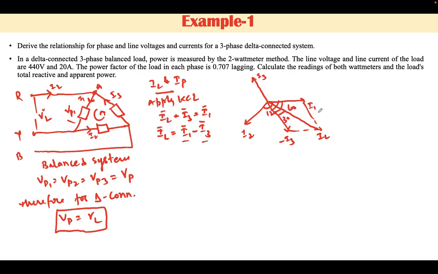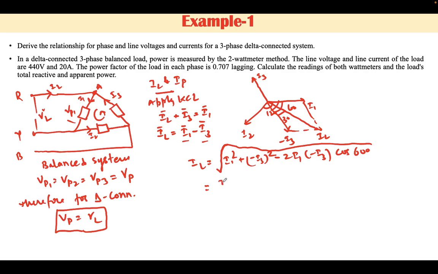Now applying parallelogram law of forces here, we can find IL is equal to the square root of I1 square plus I3 square minus 2 I1 I3 cos of angle 60 degrees.